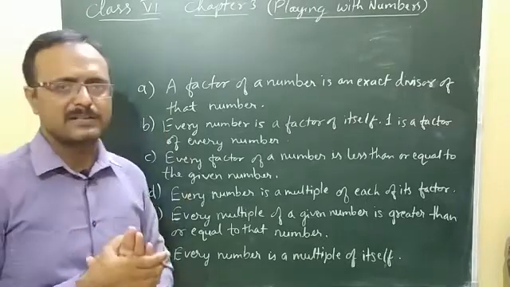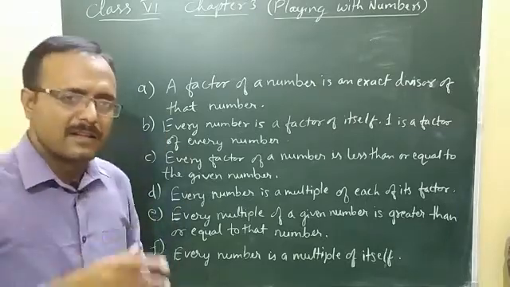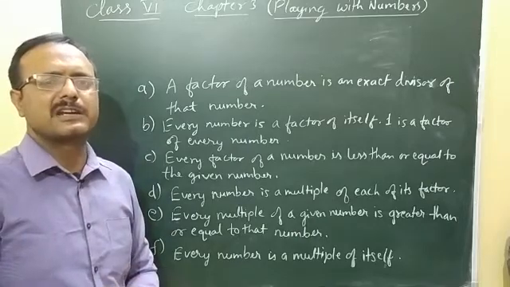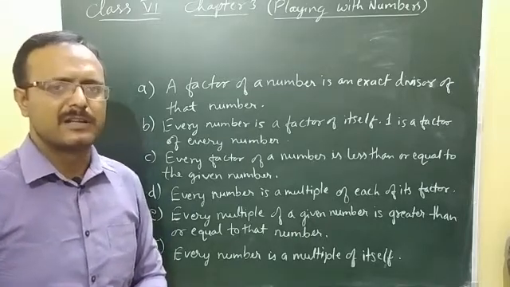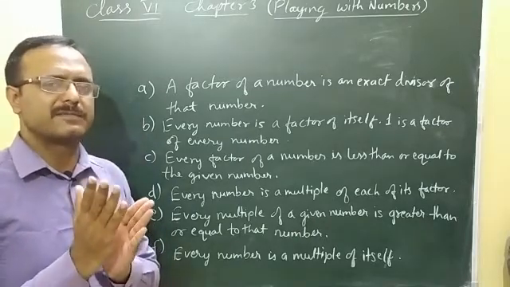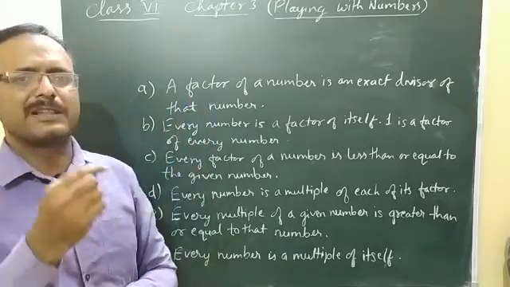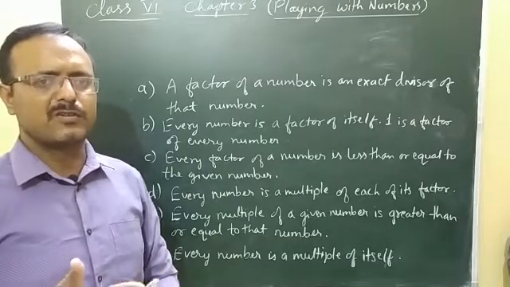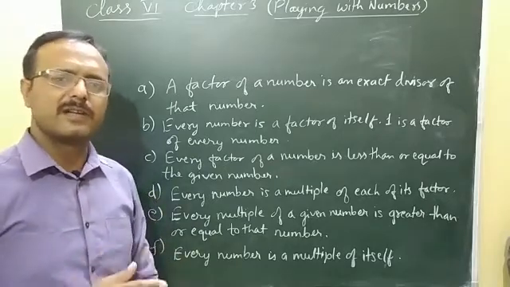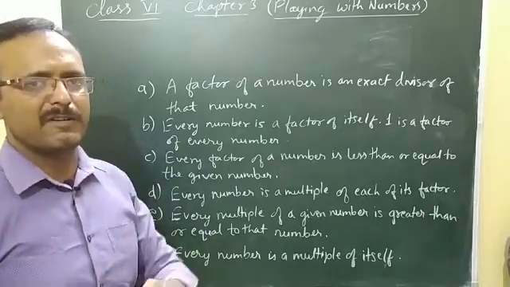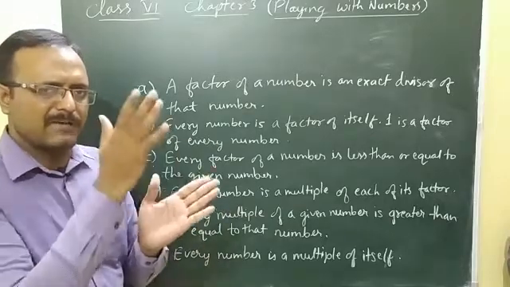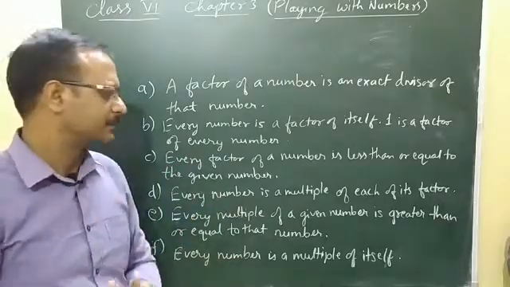In those, you have seen that the factors were never greater than the given number. The factors may be equal or less, and never less than 1. So the lowest factor of a given number is 1, and the highest factor of the given number is the number itself. The other factors lie between this range.